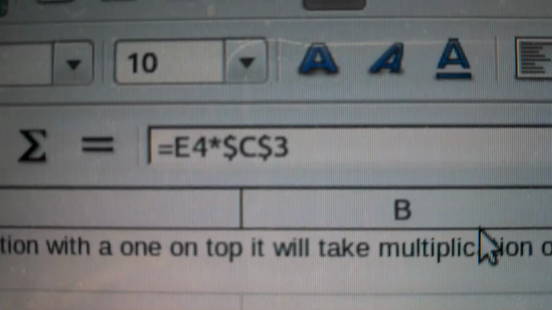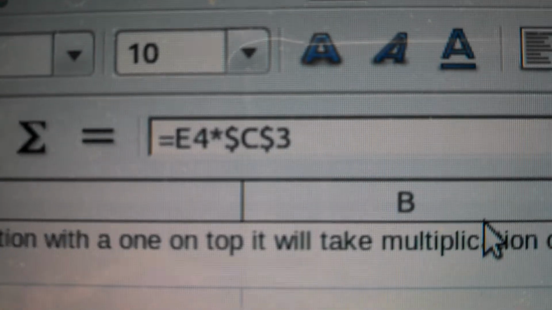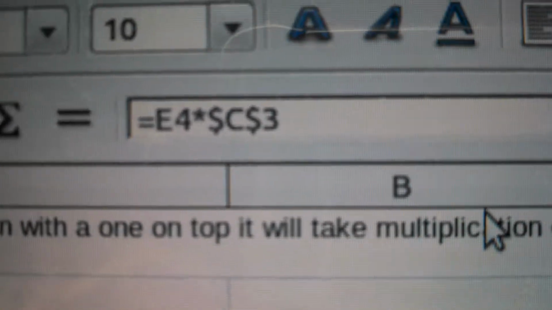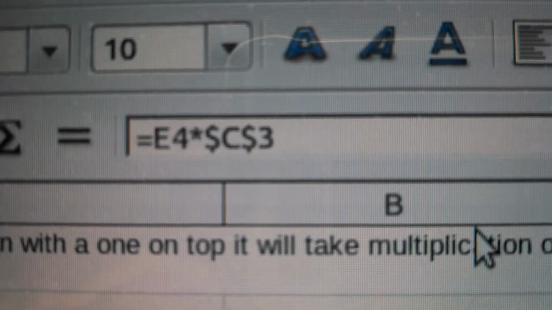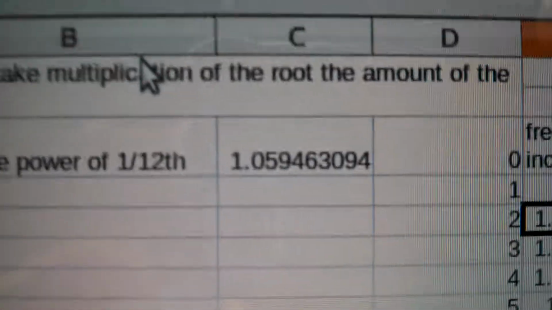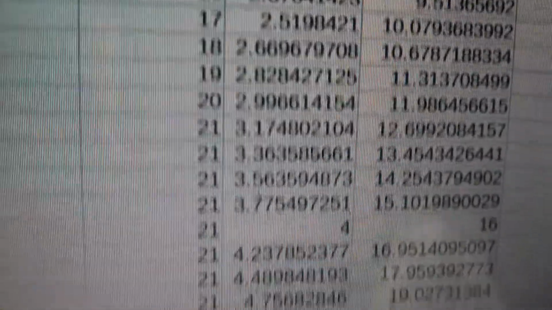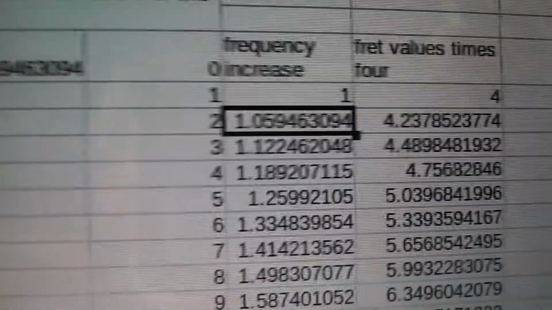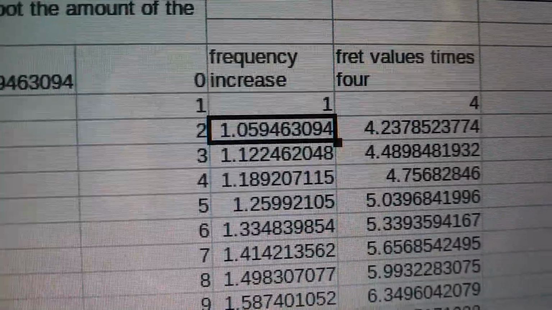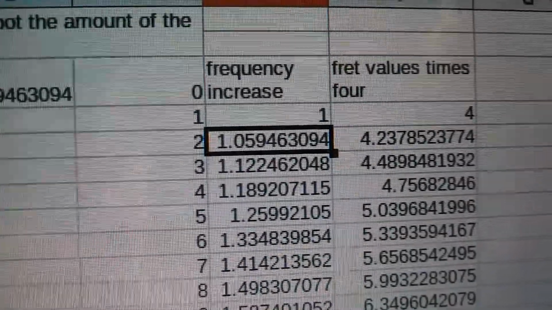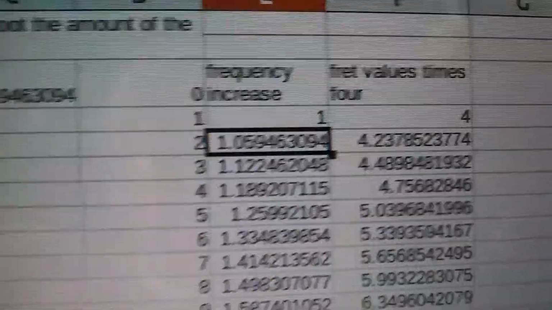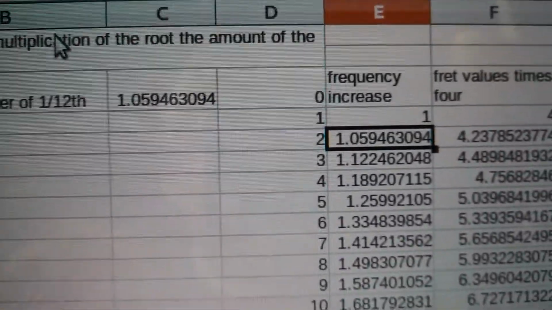So here's the formula: E4, which is the cell above the one this formula is in, and $C$3 means take the number in cell C3. This formula is repeated down this column. I copied this formula and it automatically adjusts for the cell numbers, so it always takes the cell above it and multiplies it by 1.059.